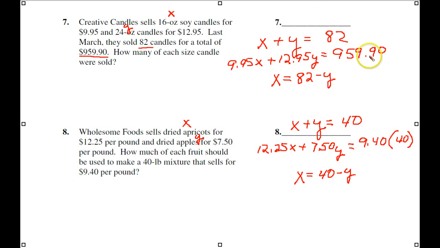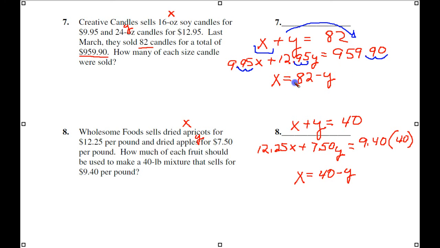And once again, the first thing I would suggest, get rid of all these decimals by multiplying each term by 100. And now you have an equation without decimals. Then I'm going to solve for one letter. Let's say X. So X is, transpose the Y, is this.